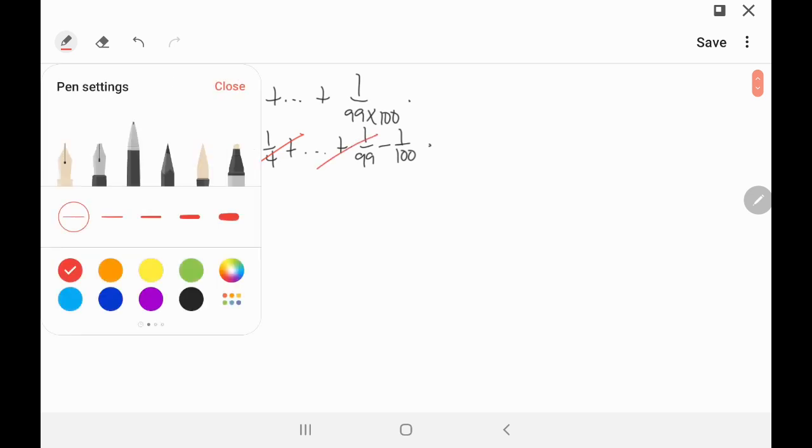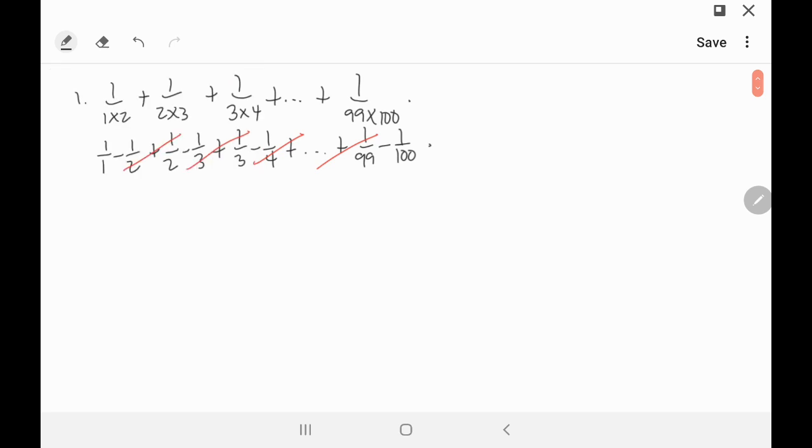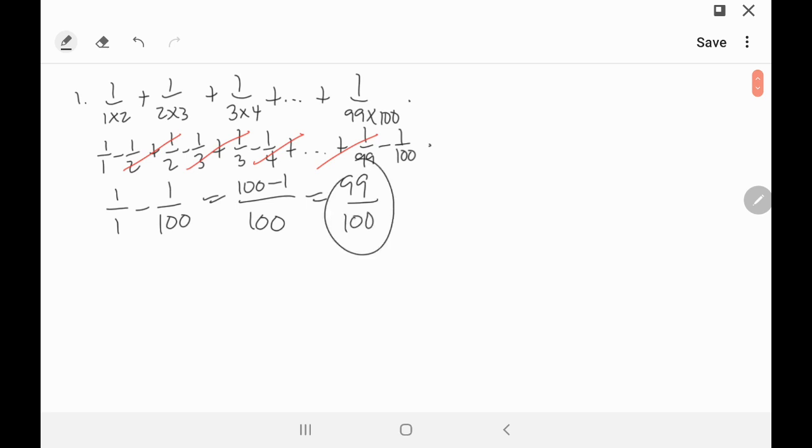And we will be left with 1 over 1 minus 1 over 100, or that would be 99 over 100. So that is our answer for our first example.